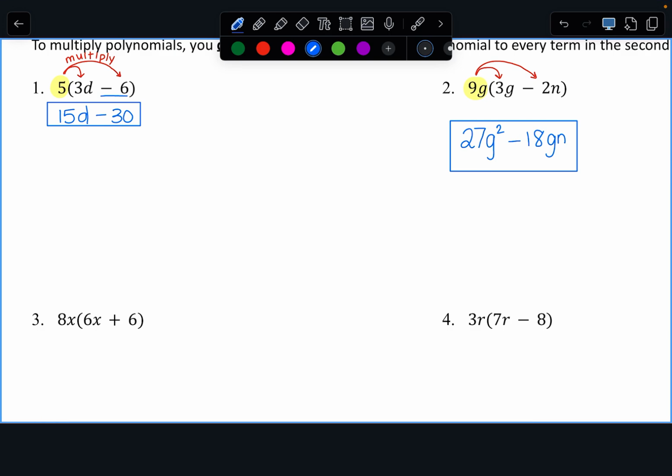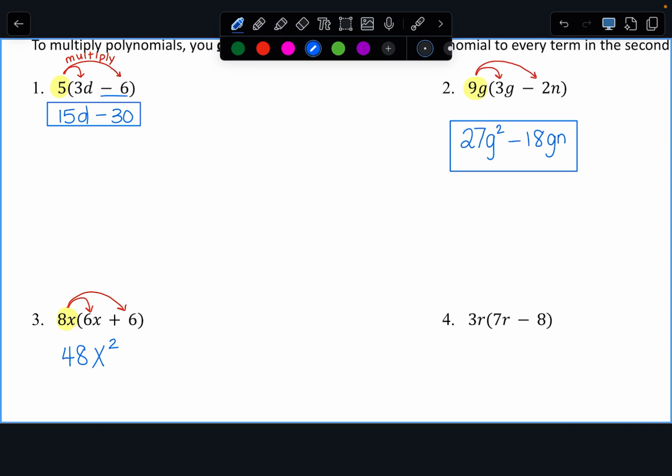Number 3, 8x is the piece in front. There's no sign between 8x and the parentheses, so 8x is what is being multiplied. 8x times 6x. 8 times 6 is 48. X times x is x to the second.